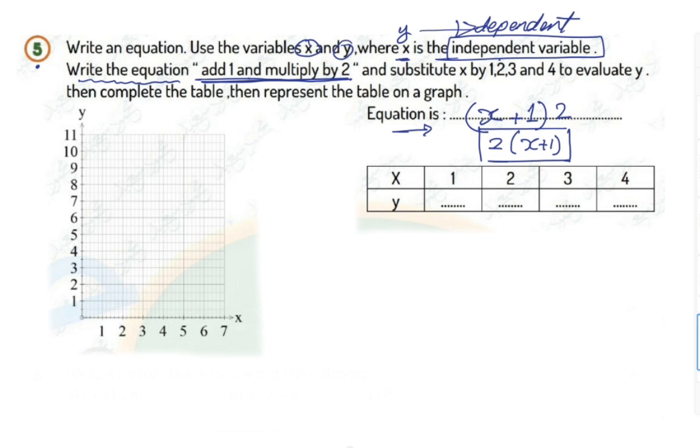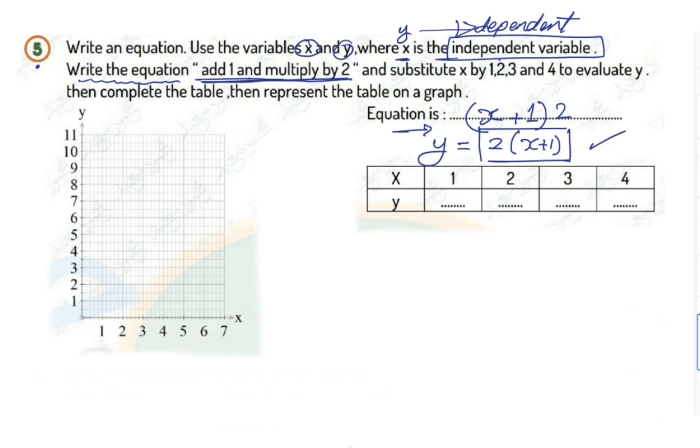But is this an equation? No. Why? Where is the second side? Of course, y equals 2(x + 1). This, y equals 2(x + 1), is the correct equation.